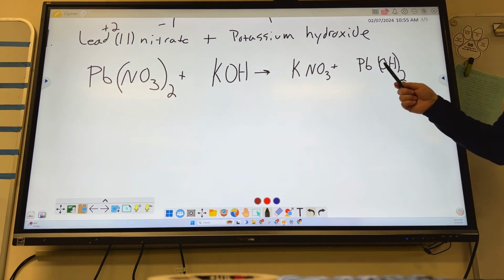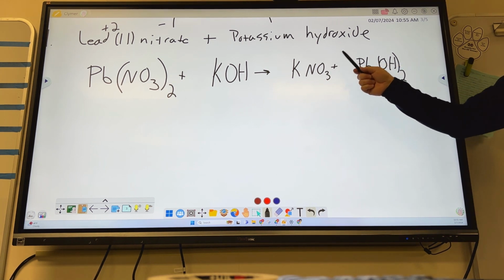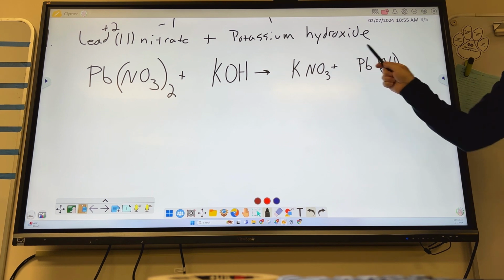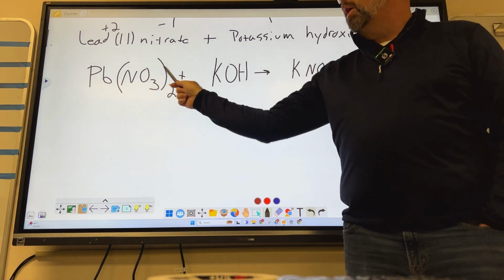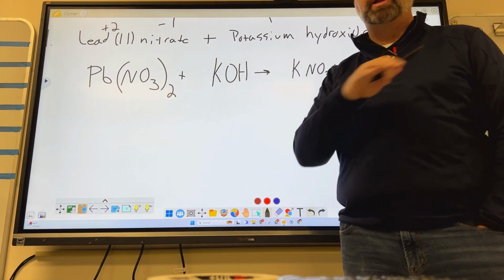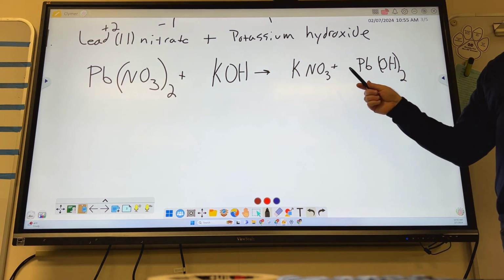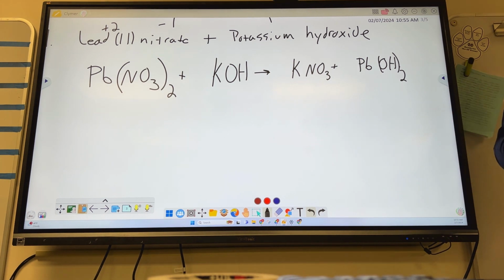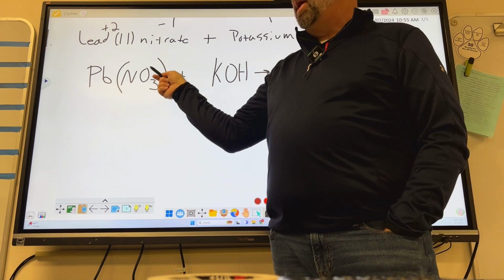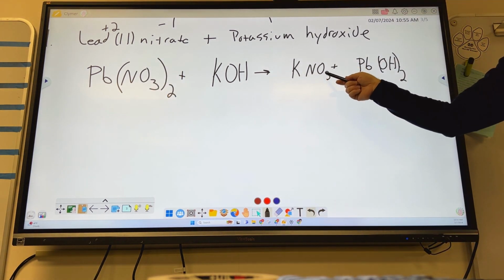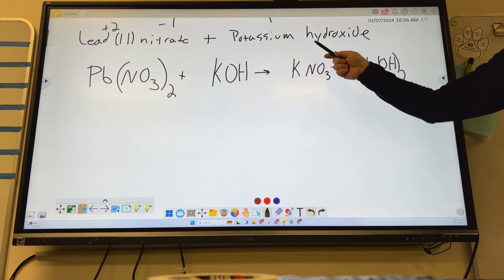Yeah, so when we made new products, we had to rebalance whatever these products were. The subscripts over here, anywhere over here, make no difference. All we want is the bits and pieces, the cations and the anions. Isn't the 2 only there for lead? Yeah, because this is lead 2, right? And this is a -1, so we needed 2 of these. But over here, when the potassium and the nitrate are together, they're both 1s. +1, -1.